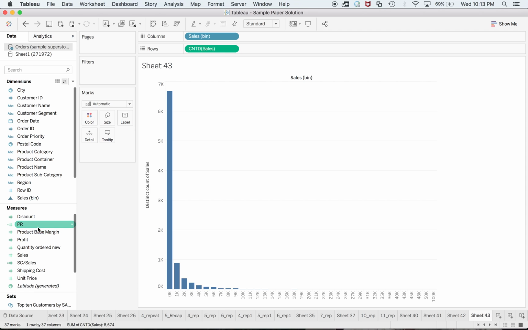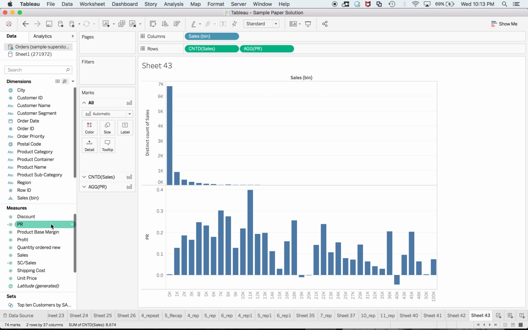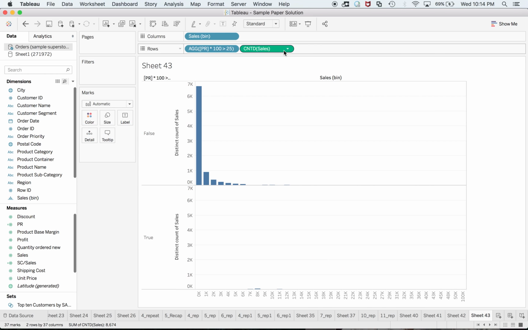I already have profit ratio, so I've dragged it over there. Now the condition is profit ratio is greater than 25. We're talking about percentage, so profit ratio into 100 is greater than 25. So we'll have true and false over there.